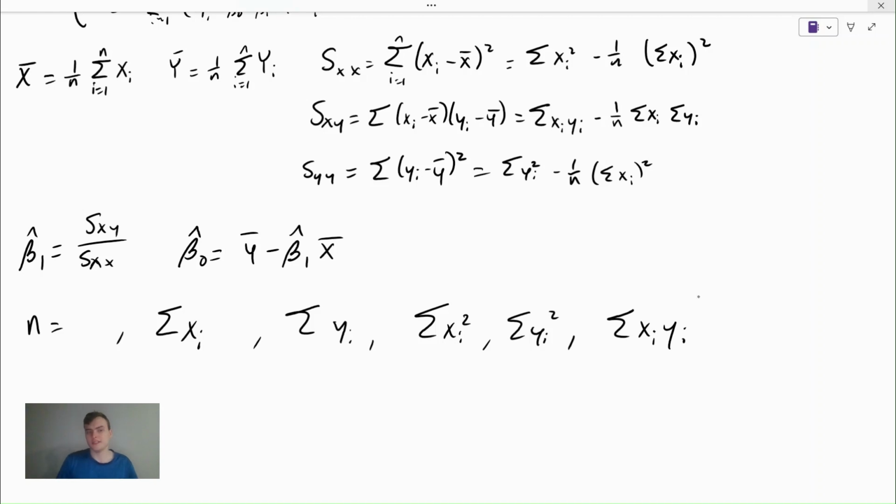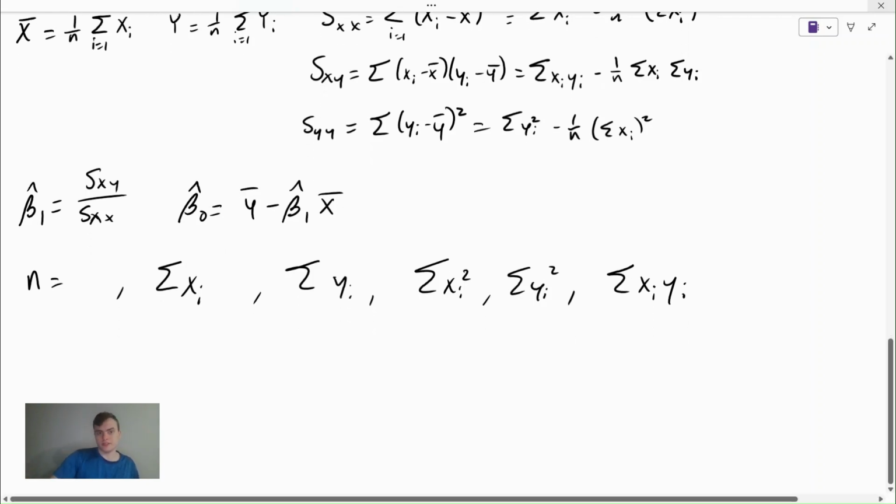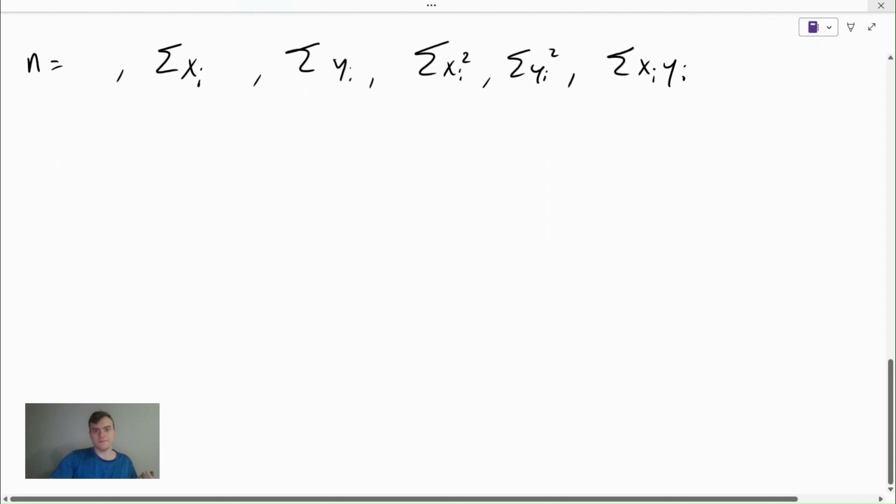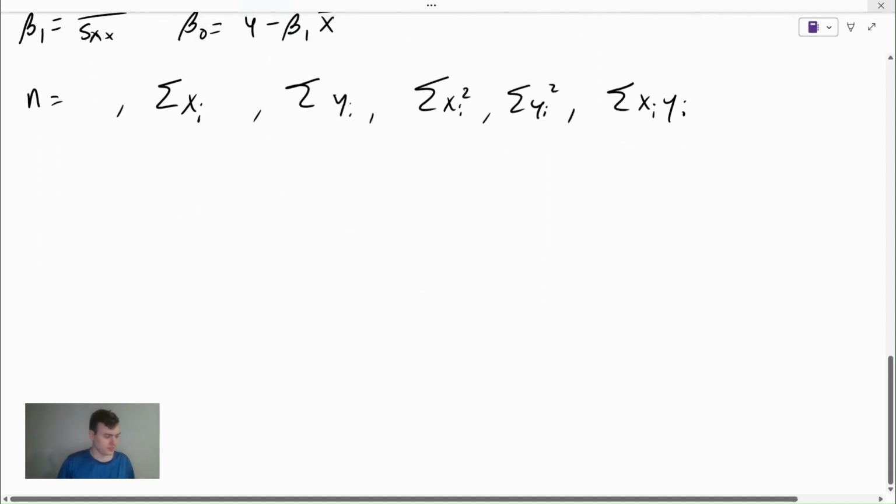So we just need the two sums, the sum of squares, and the dot product, and then the number of data points. And that's all we need to plug into the calculations to find this beta hat 1, beta hat 0, and everything else that follows from that. Right? So think of doing an example without a calculator or with only a basic arithmetic calculator, knowing these points.